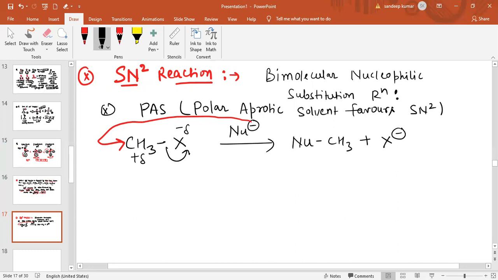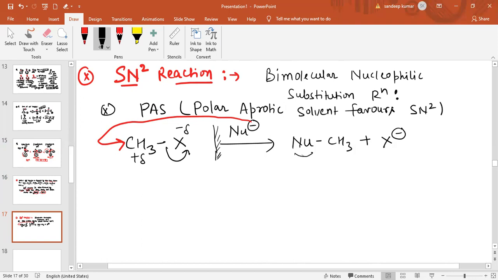As we can easily identify by keeping a mirror in between them, this compound gets inverted after the attack of the nucleophile.